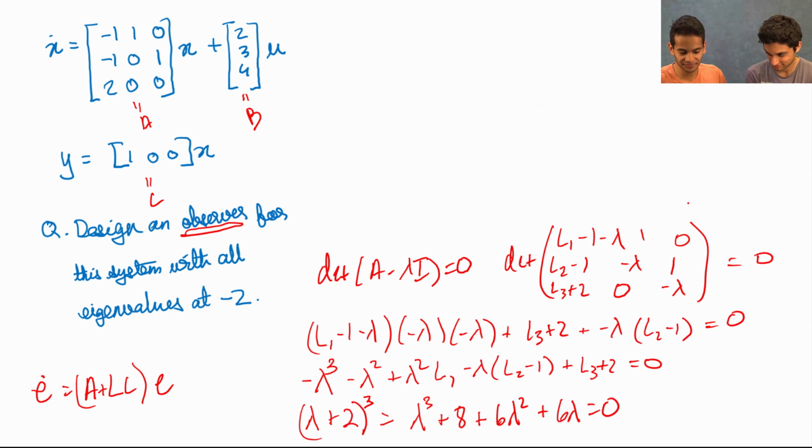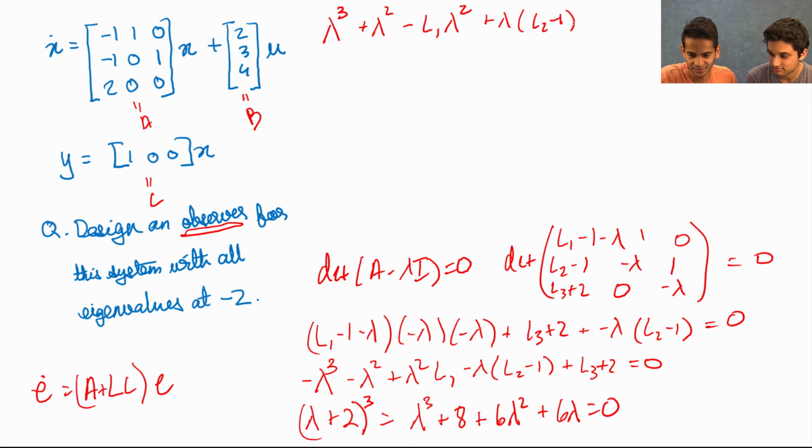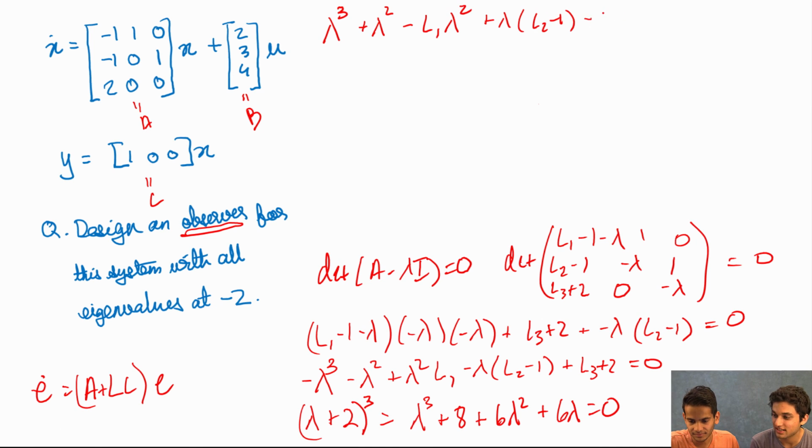Anyways, let's just negate this so that our initial coefficients are all the same. So we have lambda cubed plus lambda squared minus L1 lambda squared, plus lambda times L2 minus 1, minus 2 plus L3 in parentheses.